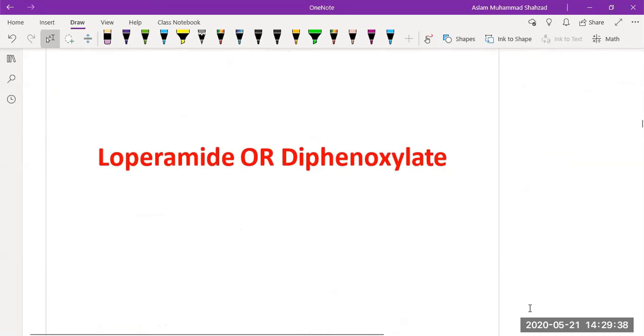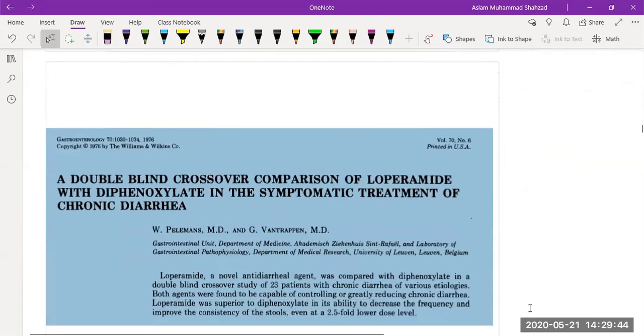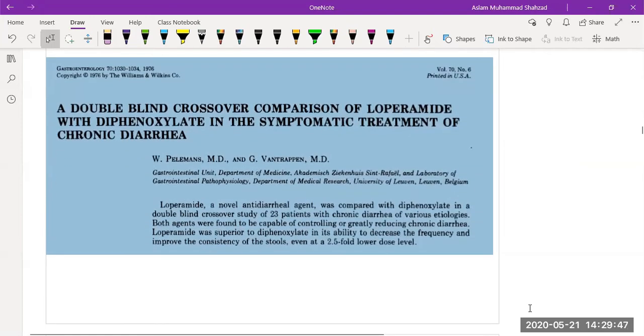Next question is whether we need to use loperamide or difenoxylate, or both. Both belong to the opioid agonists, and both are under the same classification. We found a study comparing loperamide and difenoxylate in the treatment of chronic diarrhea.